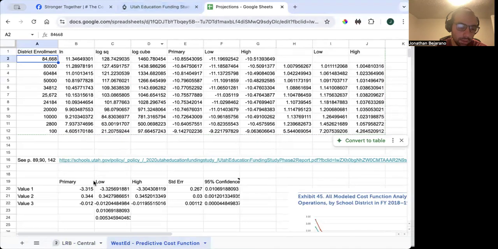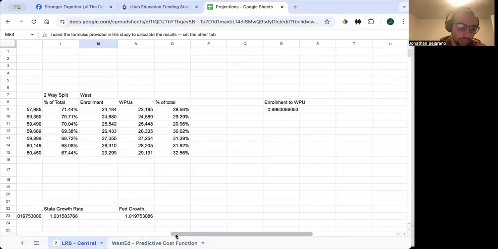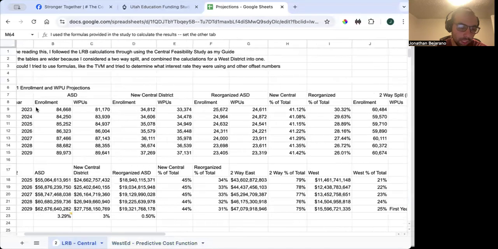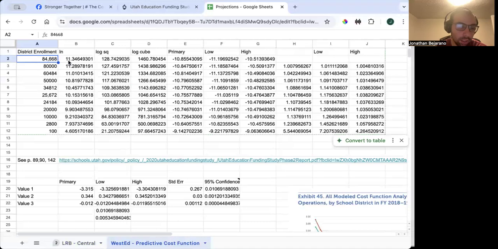So the first step is to take the natural log of the total district enrollment of the largest school district. If we go back to the original LRB study, I can use the enrollment number that they give right here, which is 84,668. So I take that number, take the natural log, and then I also square the natural log and cube the natural log. Once I have those, I can take these three different coefficients that were given by the authors of the WestEd study.